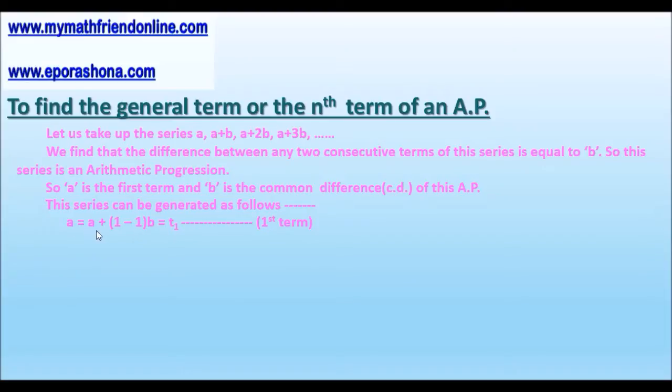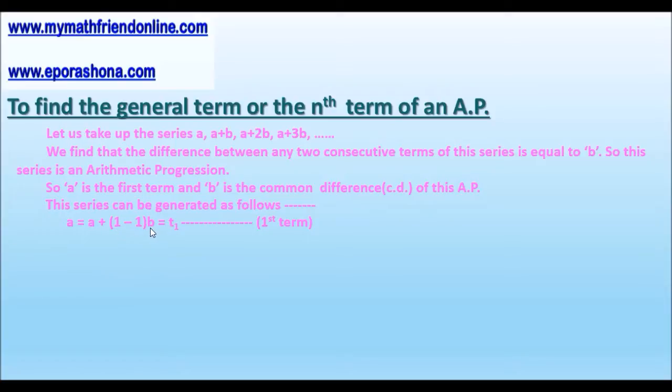Now a can be written as a plus within bracket 1 minus 1. This first 1 stands for the serial number of the term, that is T1 or the first term. Since it is the first term, we are having 1 over here. 1 minus 1 multiplied by b. And we know that 1 minus 1 is equal to 0.